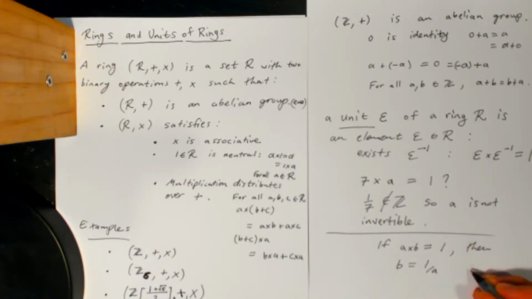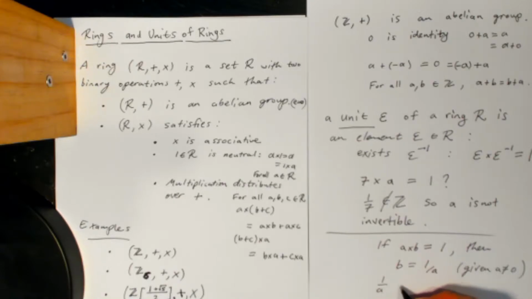Now we can see that we require A to be non-zero in order for such an inverse to exist, because otherwise this is even undefined in the real numbers. But we also need this fraction 1 over A to be an integer.